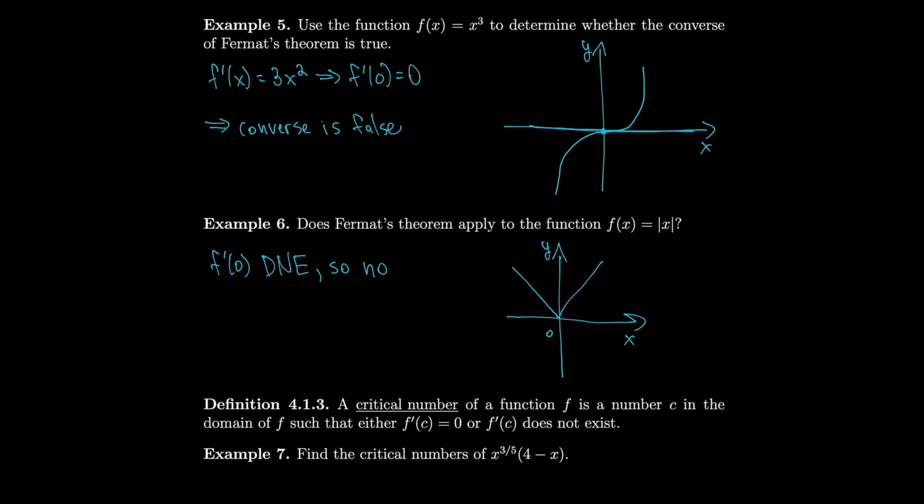So in this case, we do have a minimum value at 0, but we do not have a derivative value of 0. So Fermat's theorem works if you've got a nice function where you can differentiate over there, and you've got a nice minimum or maximum, then you know for sure the derivative exists over there and is equal to 0. I mean, you already knew it existed, but you know it's equal to 0.